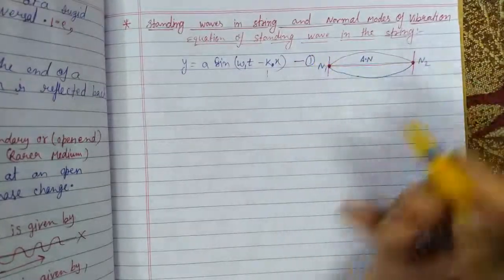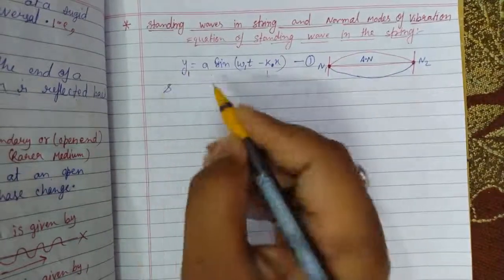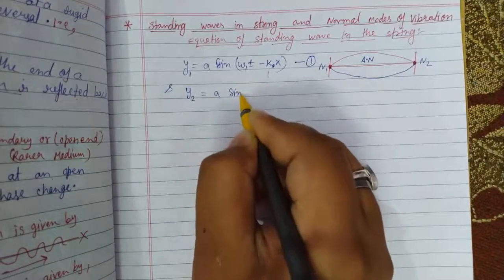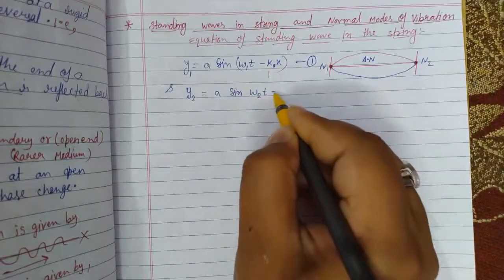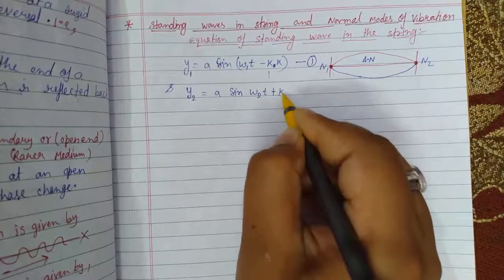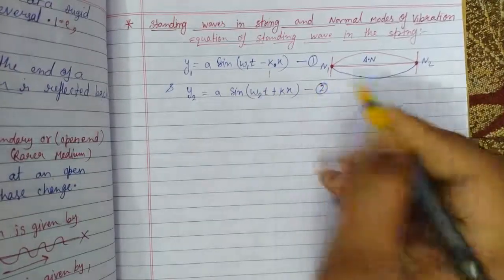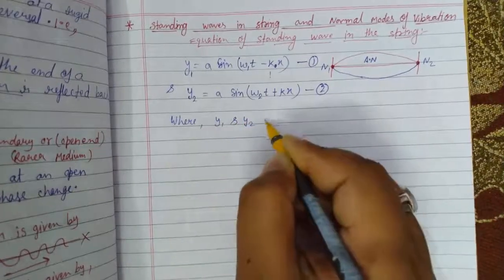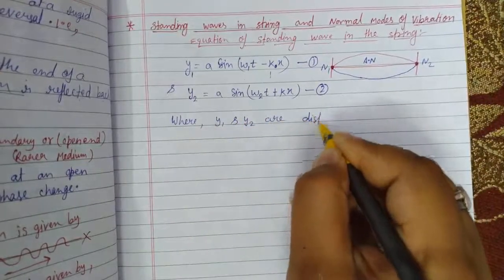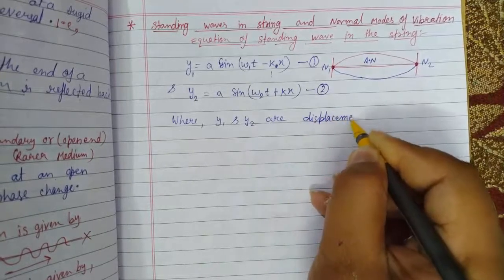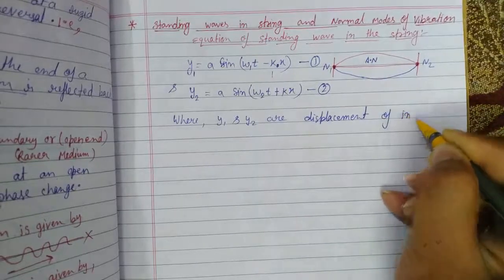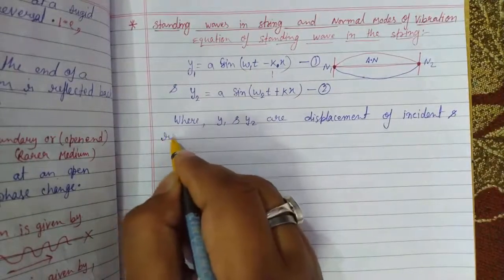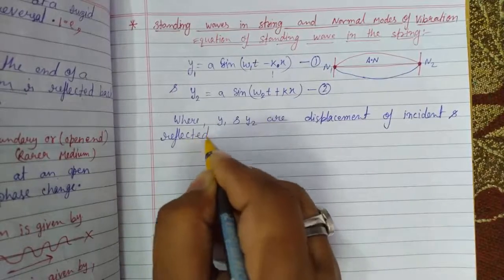The displacement of the reflected wave is y2 equal to A sine omega 2 t plus or minus kx, as we discussed earlier, where y1 and y2 are the displacements of the incident and reflected waves.